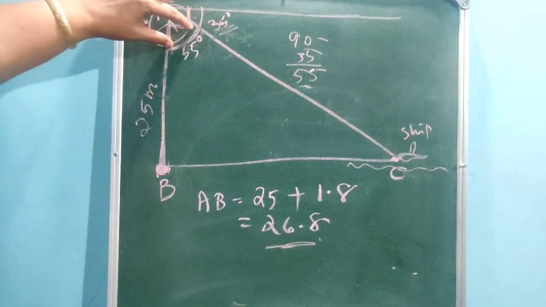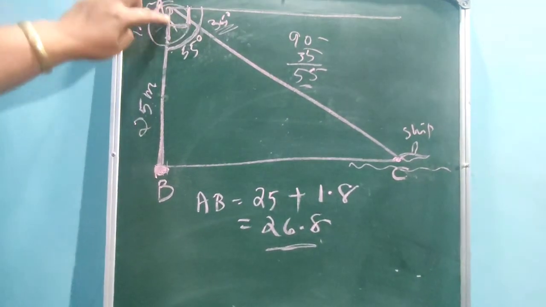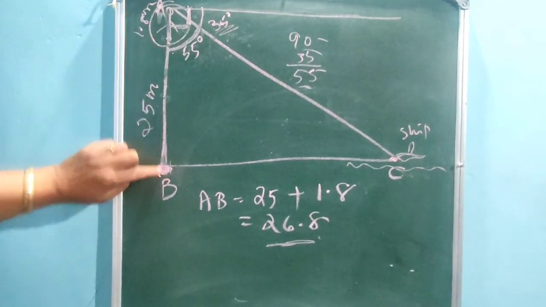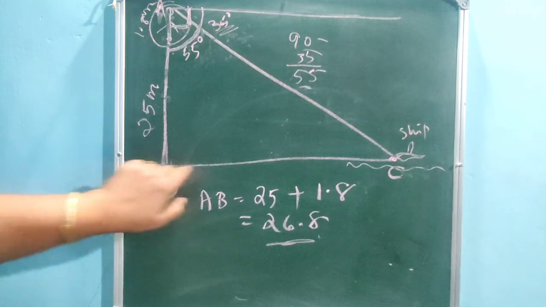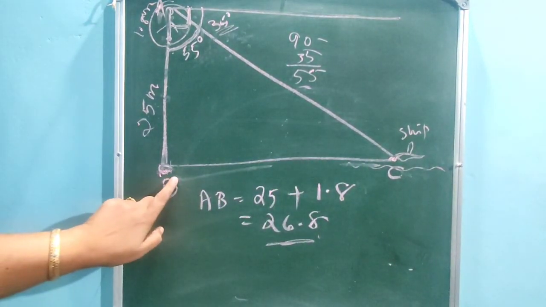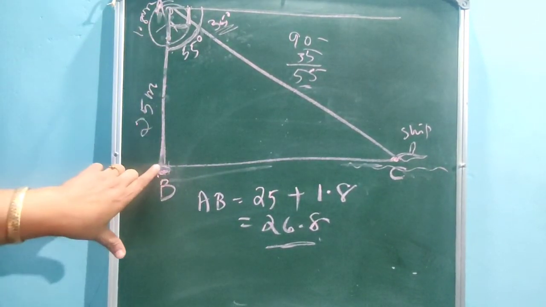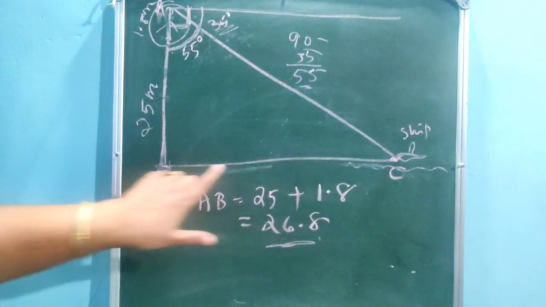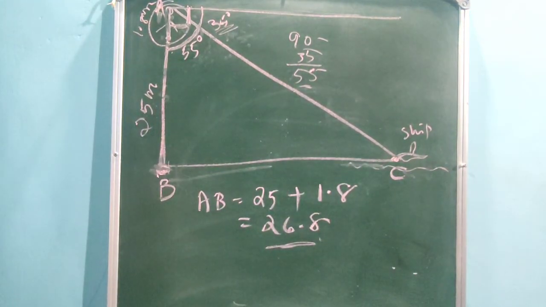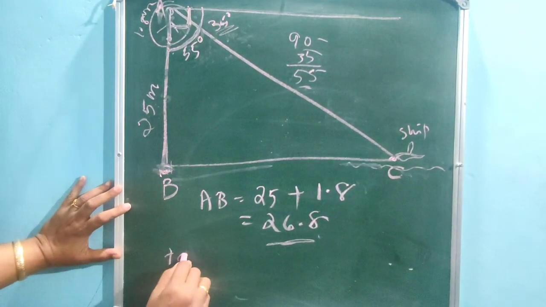Then if we consider this angle, this side is the adjacent side, and this one is the opposite side. This is the adjacent side of 55 degree, and this is the opposite side of 55 degree. Then adjacent side and opposite side, which ratio? This tan ratio. So what is tan 55?